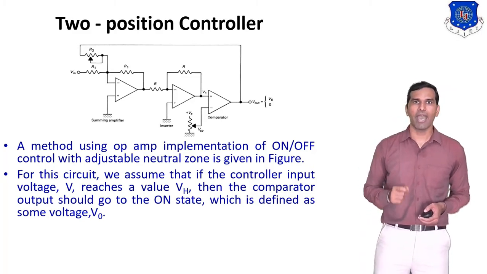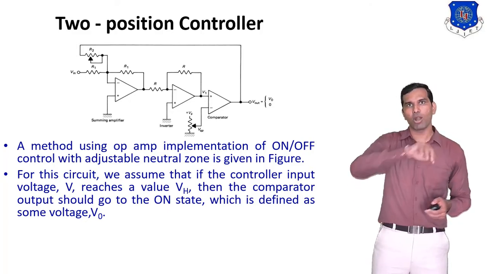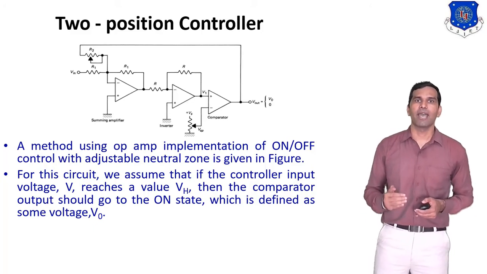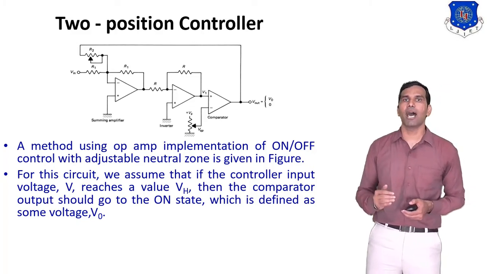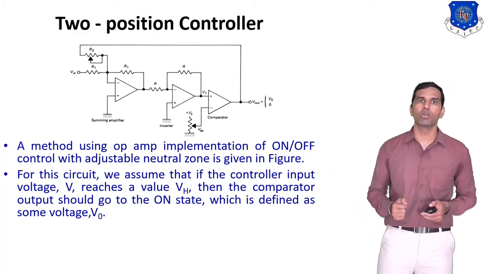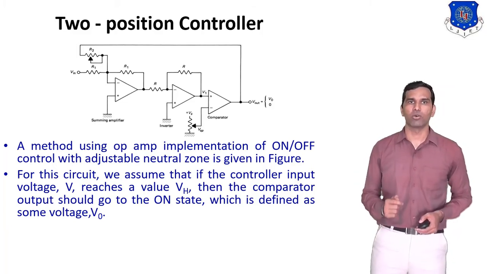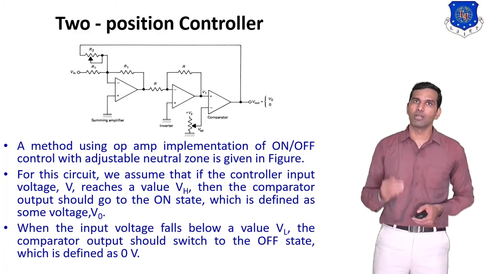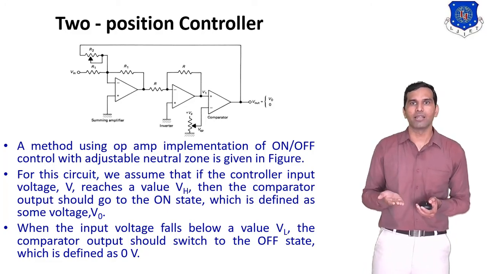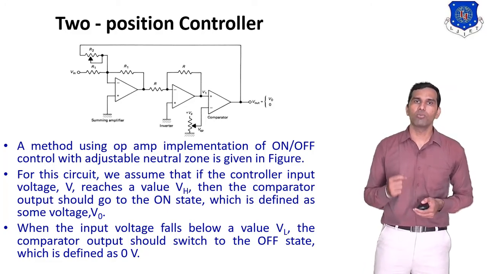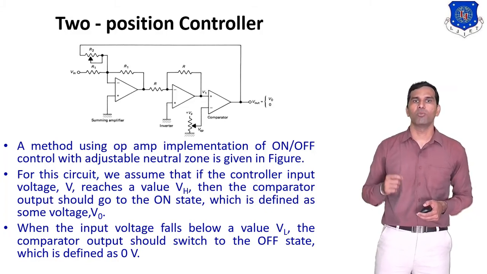And on the other hand, when the voltage falls below the value VL, the comparator output should switch to the off state, which is defined as 0 volts.